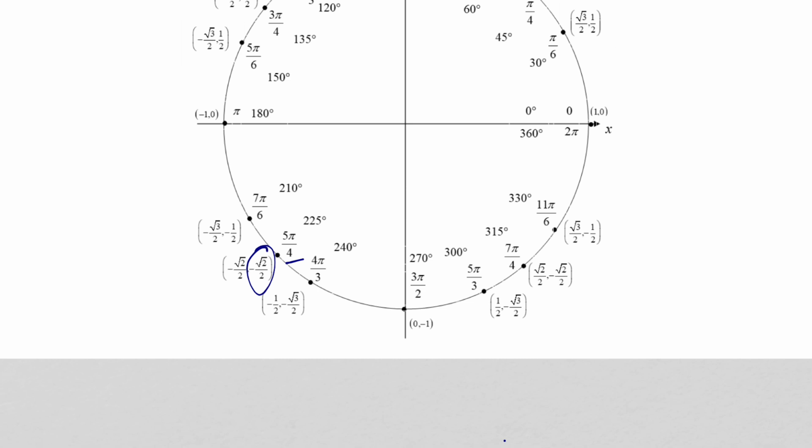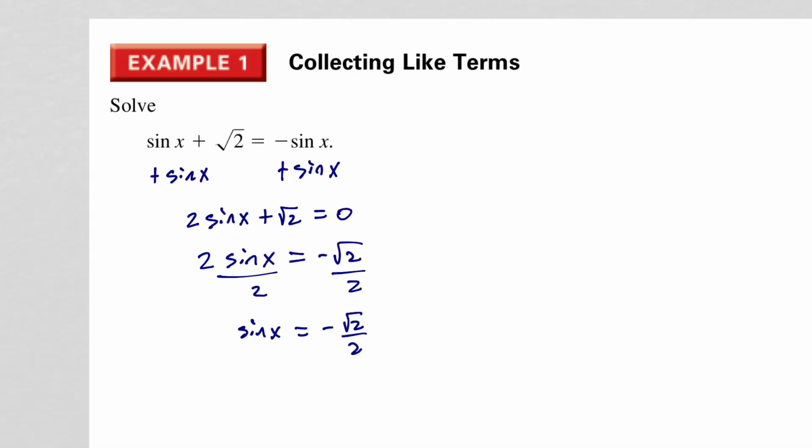And also in quadrant 4, at 7 pi over 4, sine is equal to negative root 2 over 2. So these two angles. All right. So those are our initial solutions. So 5 pi over 4 and 7 pi over 4.